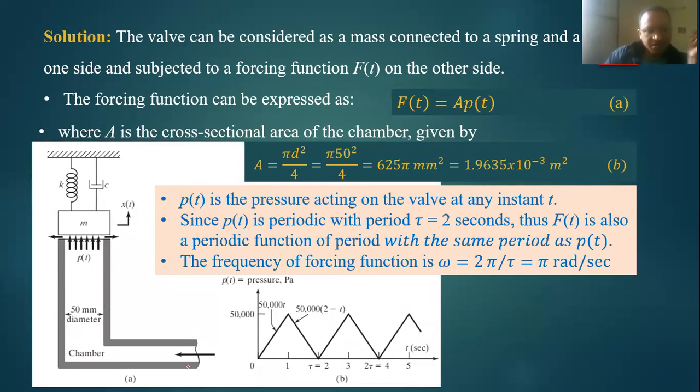This is the mass, which is attached to a stiffness and a damper, having a motion x of t, and the forcing pressure P of t is defined here. This is the graph of pressure in Pascal against time in seconds.